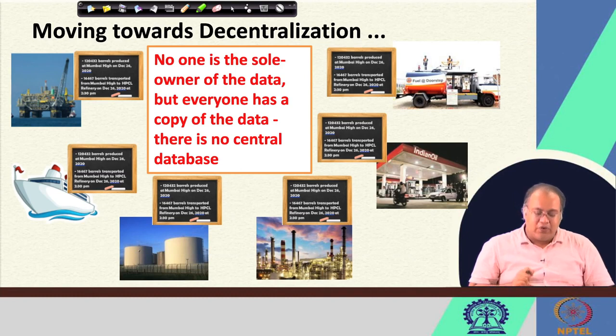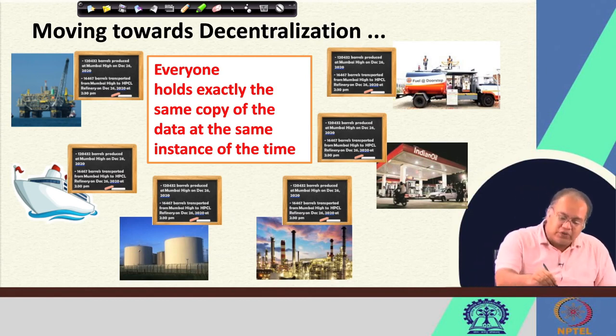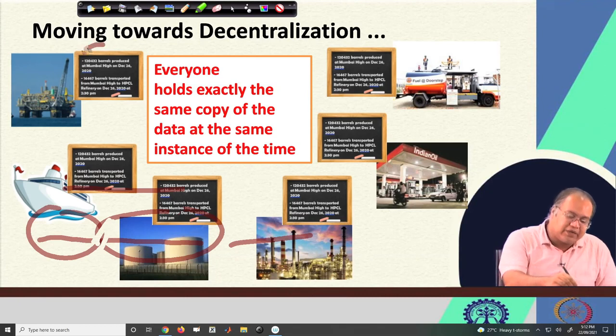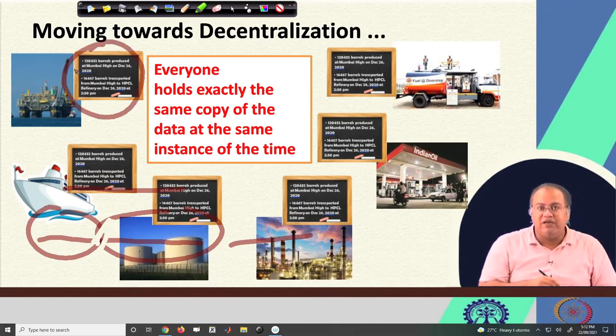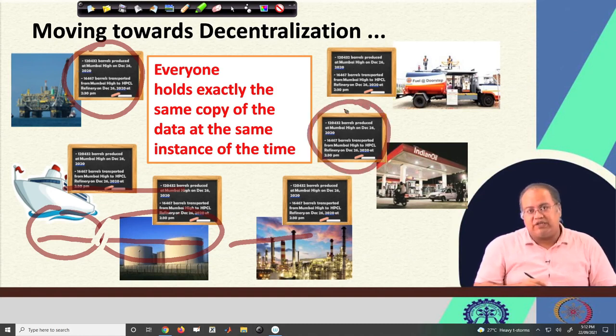My architecture says that no one is the sole owner of the data, but everyone has a copy of the data. I do not have any central database, but I need to ensure that everyone holds exactly the same copy of the data at the same instant of time. It should not happen that one blackboard contains one piece of information whereas another contains completely different information.